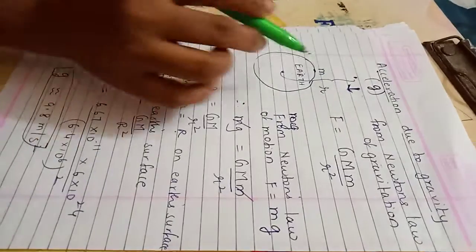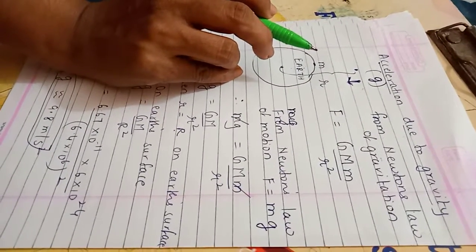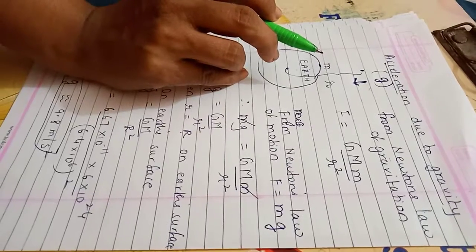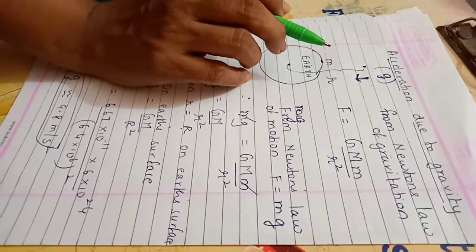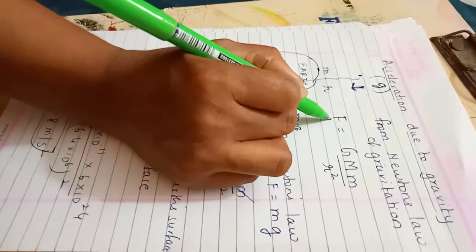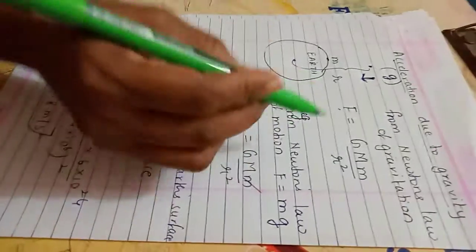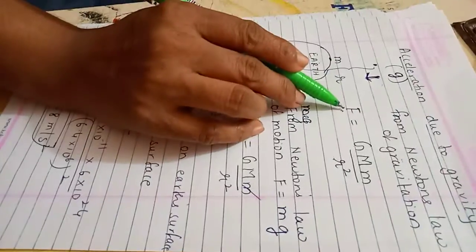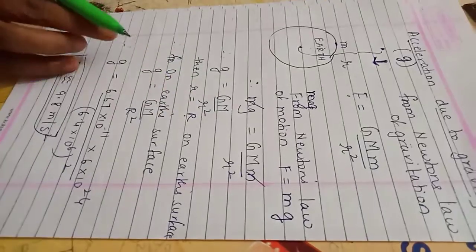I'll repeat this part. What is acceleration due to gravity? When the body falls in the vertically downward direction under the Earth's gravitational influence, it accelerates. Since the acceleration is due to gravity, it is called acceleration due to gravity. From Newton's law of gravitation, force is equal to G m1 m2 divided by r square. From Newton's law of motion, F is equal to mg, m cancels, g is equal to GM divided by r square.